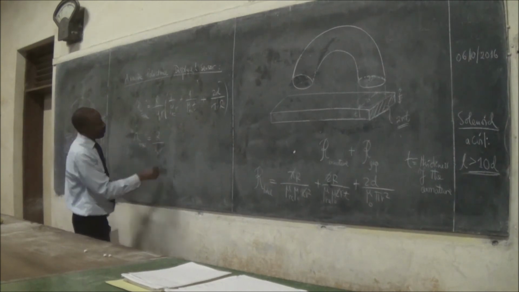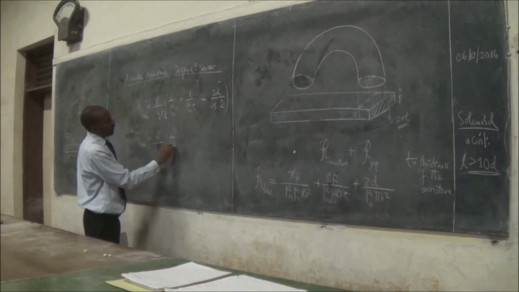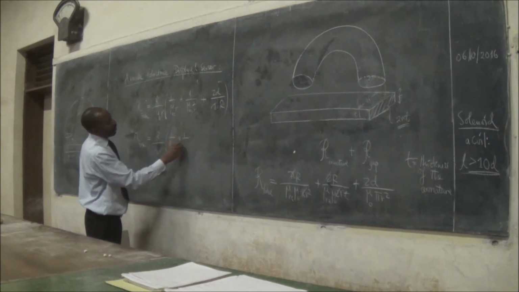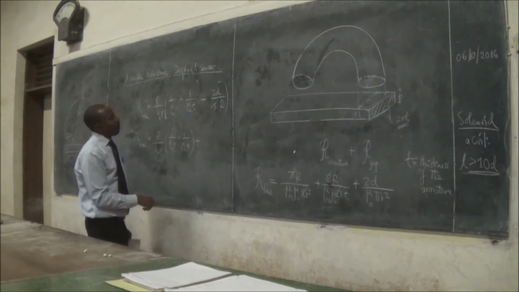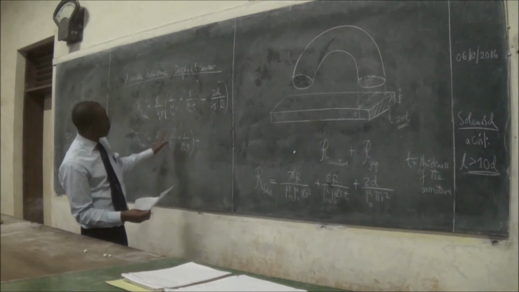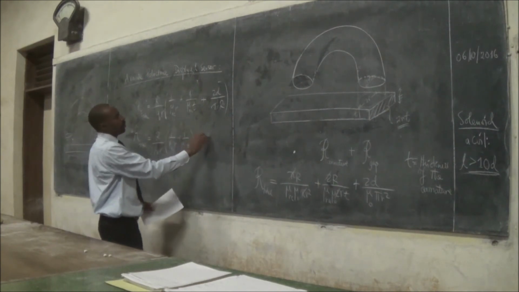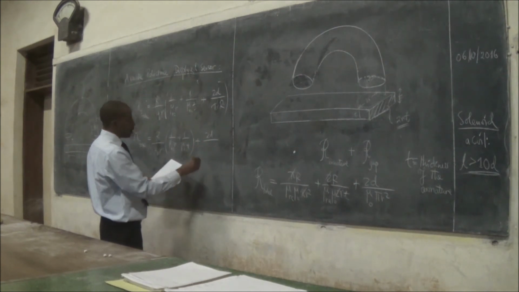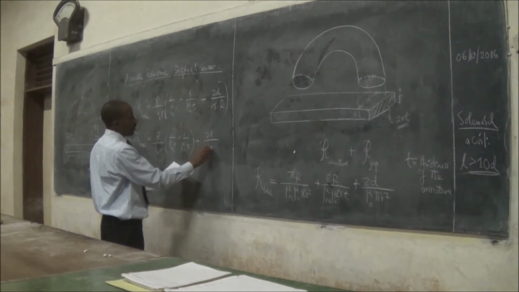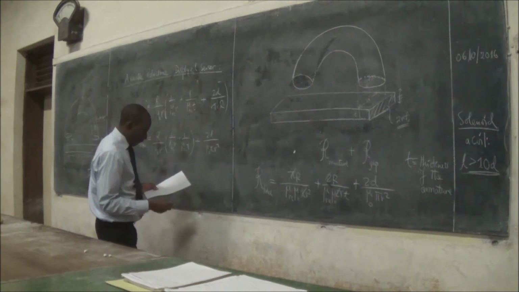So this would be 1 over mu RCR plus 1 over mu RNT, then plus, I want to regain it again, 2D over mu naught by small r squared.